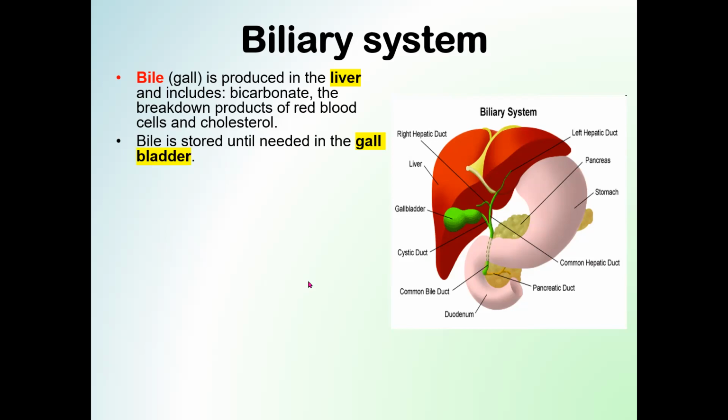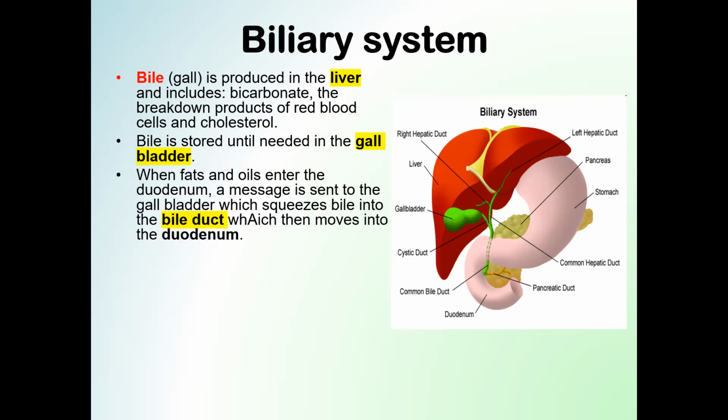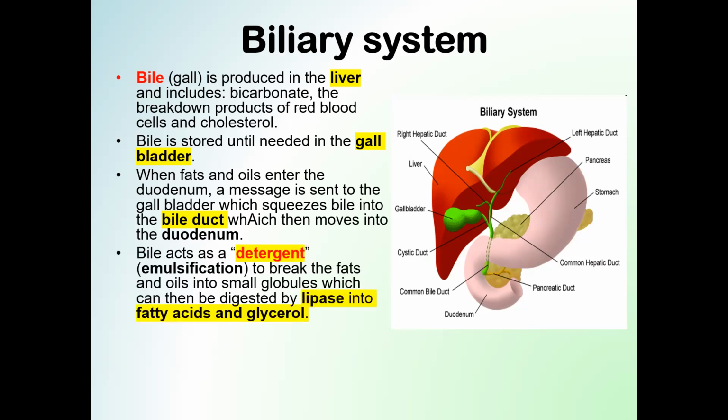We all have it. So when fats, oils enter the duodenum, a message is sent to the brain and then to the gallbladder, which squeezes the bile duct. So this is squeezed, and then you get a squish of some out into there, depending on how much there is. And then in the duodenum, you start the emulsification process. So bile acts as a detergent, as I said before.